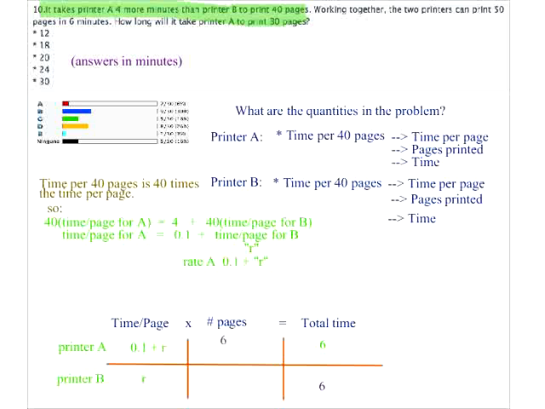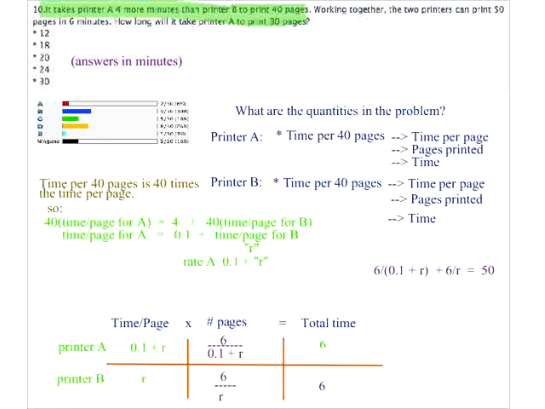So that's 6 over 0.1 plus r for A, and 6 over r for B. And then you know that the number of pages is 50. So 6 over 0.1 plus r plus 6 over r equals 50. So that's kind of annoying.